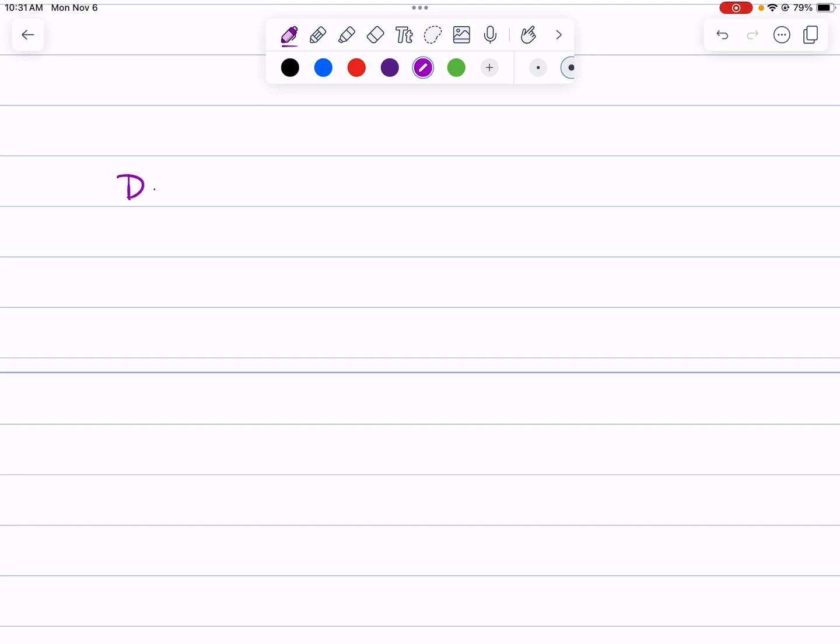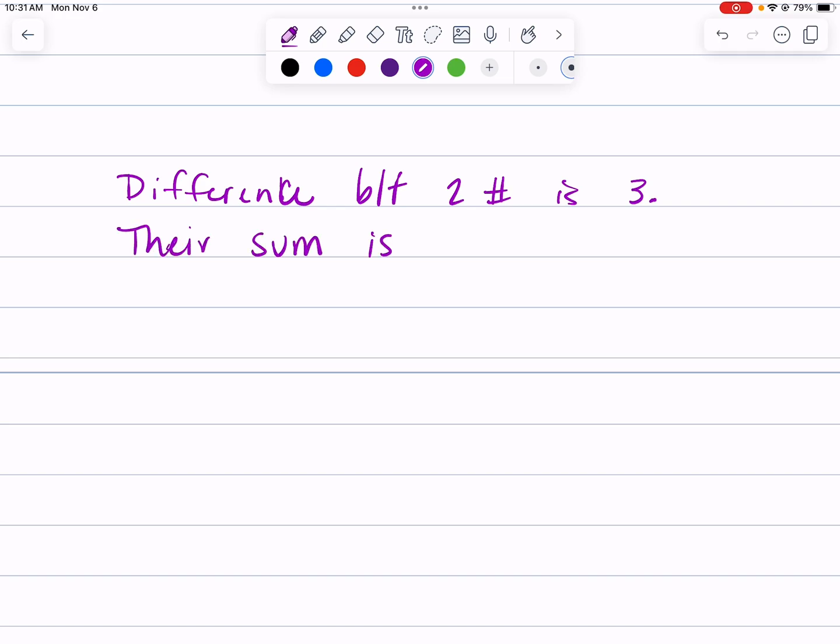It says the difference between two numbers is 3, and their sum is 21. What are the numbers? The first thing I'm going to do is name x and y.